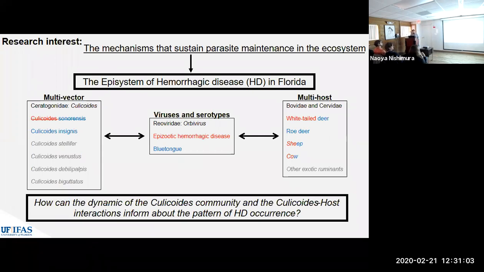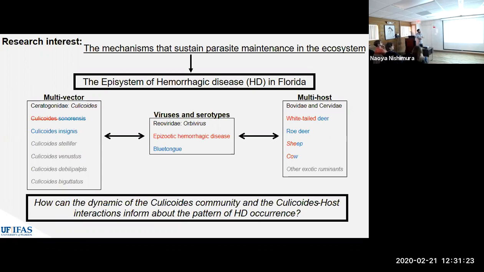So in the case of epizootic hemorrhagic disease, we have several viruses with several serotypes and also strains that interact with multiple vectors and multiple hosts. And for the ecosystem in Florida, we don't know exactly where those vectors and those hosts are.